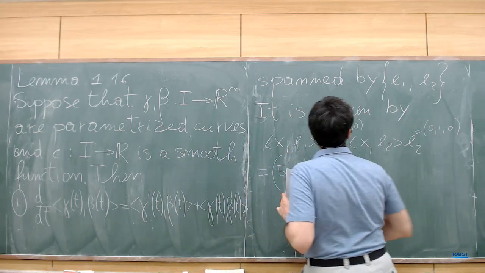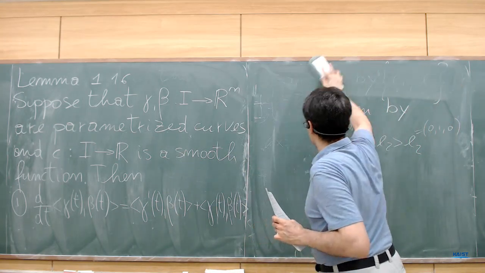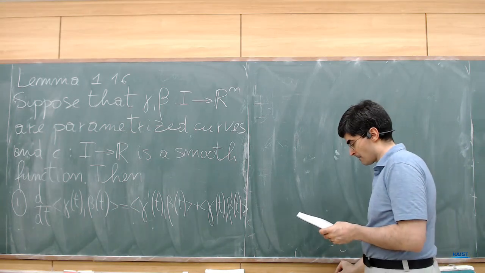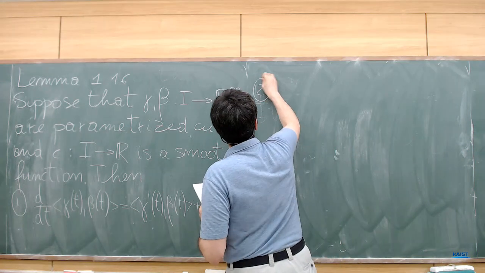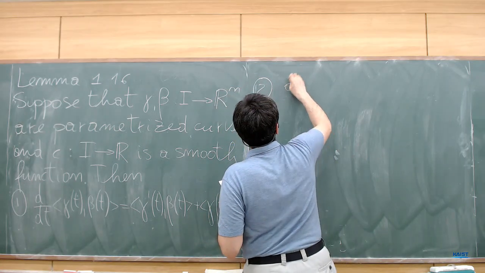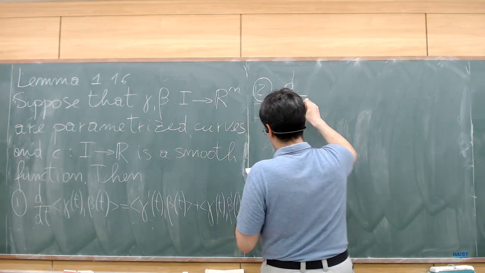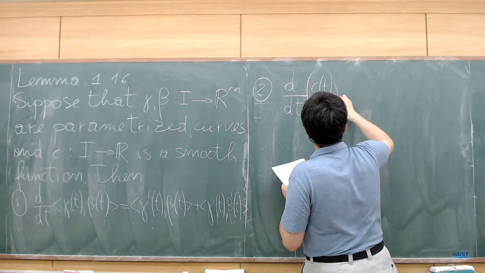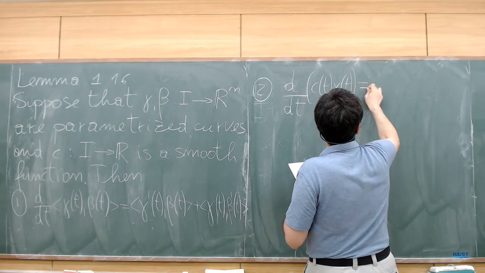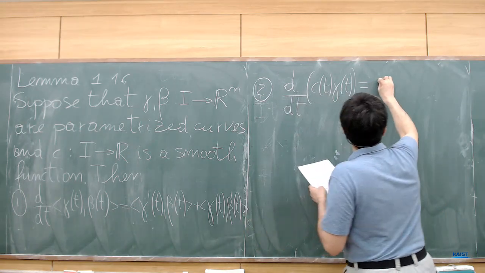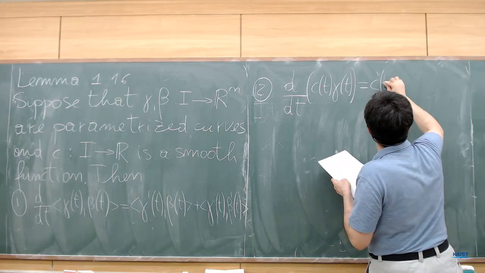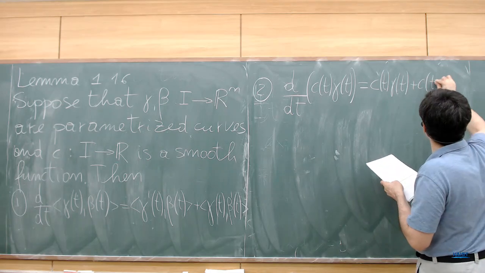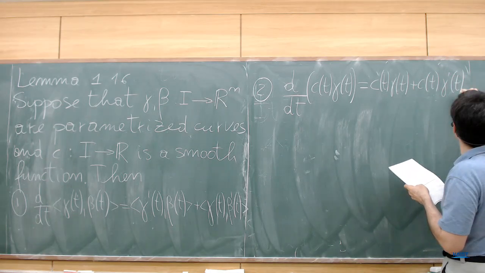The second one, d/dt of c t times gamma t is equal to c prime t gamma t plus c t gamma prime t.